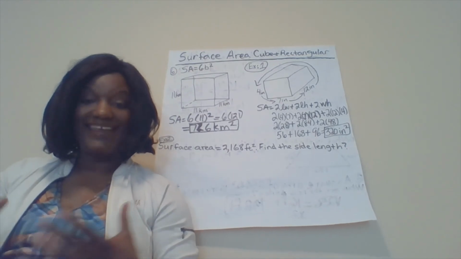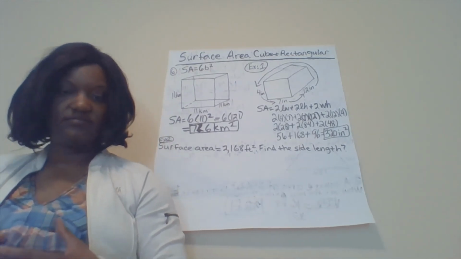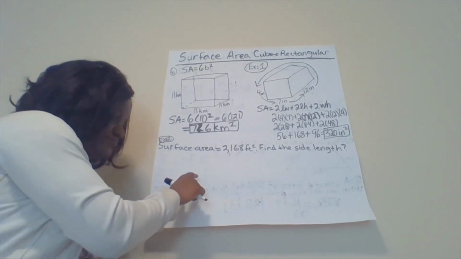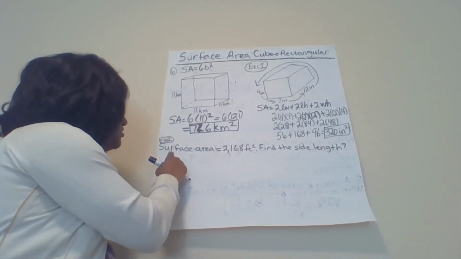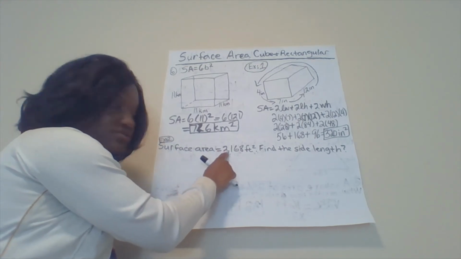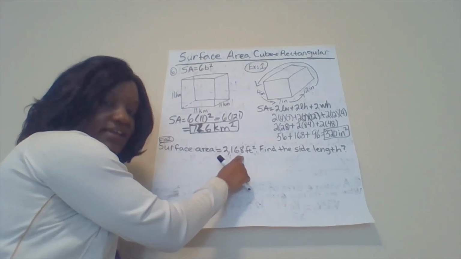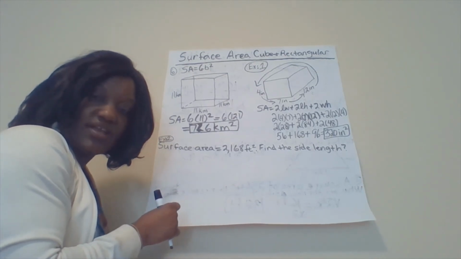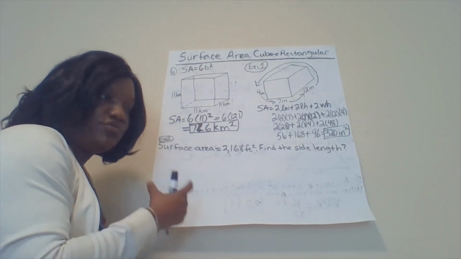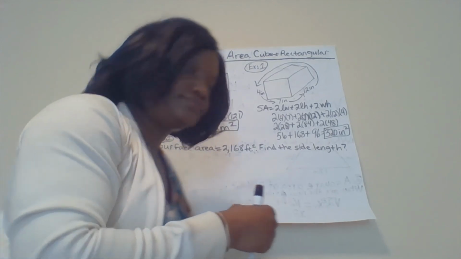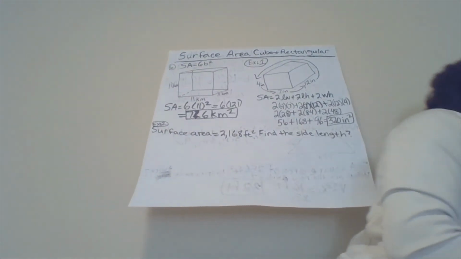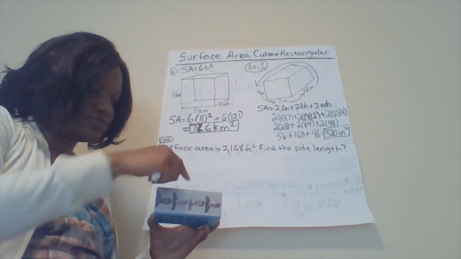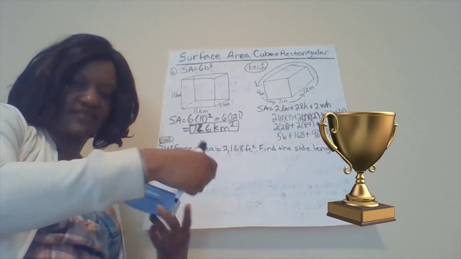Now we're going to look at an example of number 13. So they give me the surface area. Surface area is equal to 2,168 feet squared. Find the side length. So the way that you will find the side length, when you're looking at a cube, you have 6 sides: 1, 2, 3, 4, 5, 6.